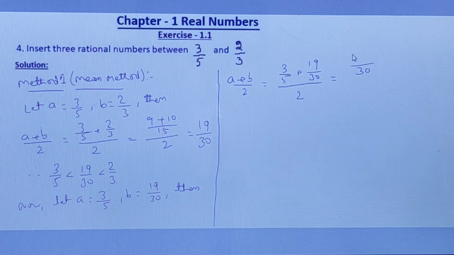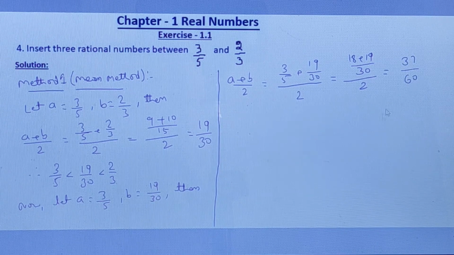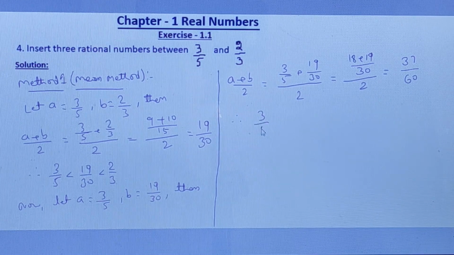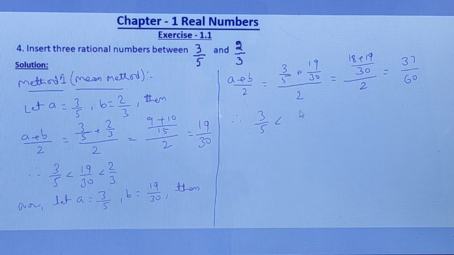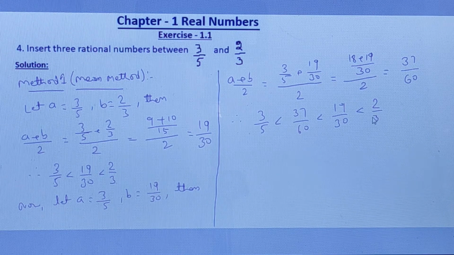So this will be equal to 18 plus 19 divided by 2, which is 37 by 60. Therefore, 3 by 5 is less than 37 by 60 is less than 19 by 30 is less than 2 by 3.